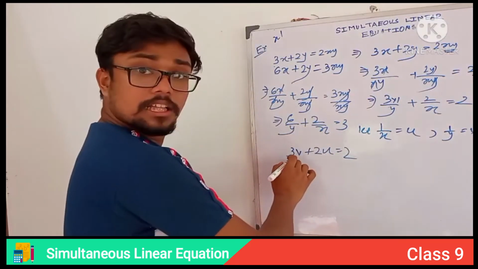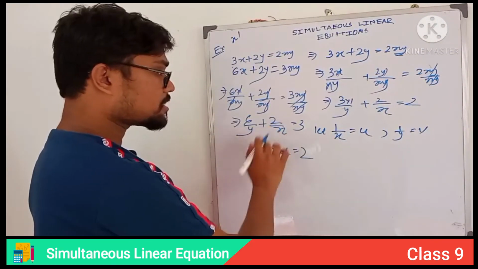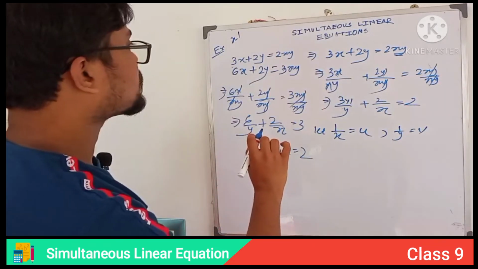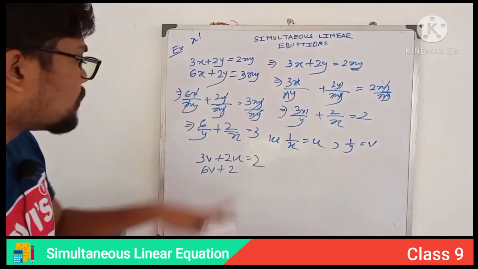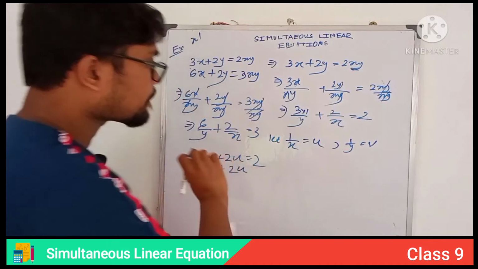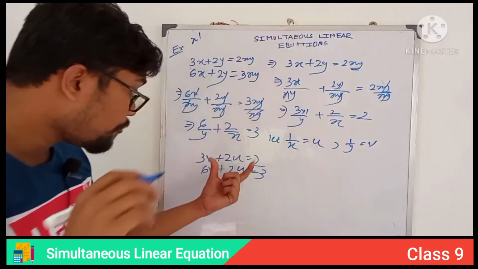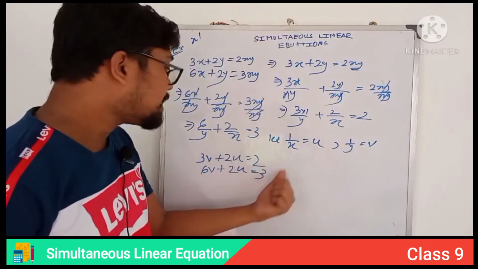From here, 6v plus 2 by x, which equals 2u, equal to 3. So we get our desired form of two linear equations.